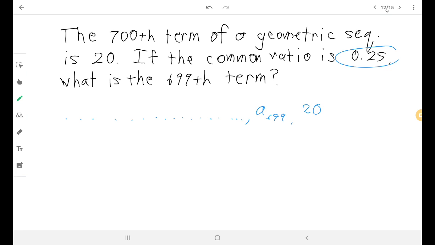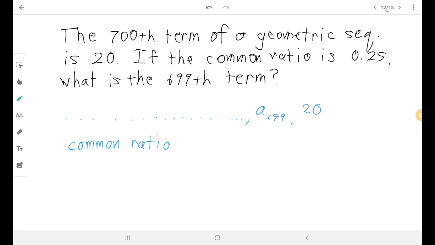I really don't like this being 0.25, but whatever, we can deal with it. What that means is if I divided these two, this one divided by that one in that order, I would get 0.25, or 1/4, right? So I think it'll make a little more sense if we think of it this way.